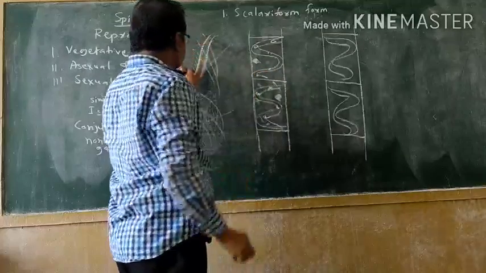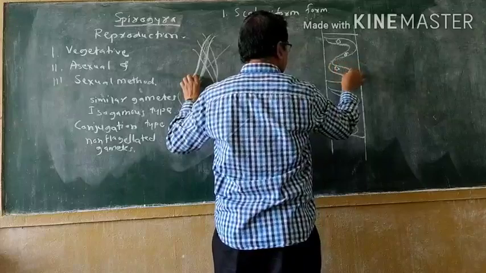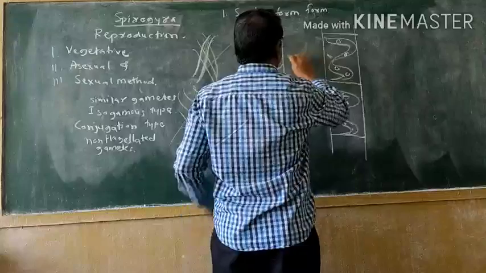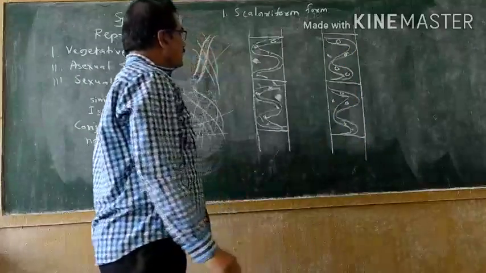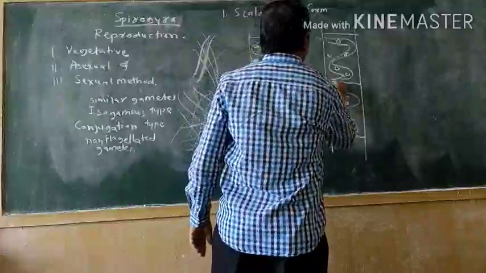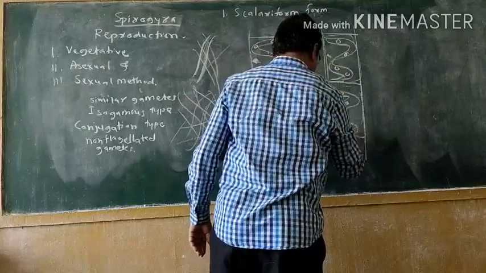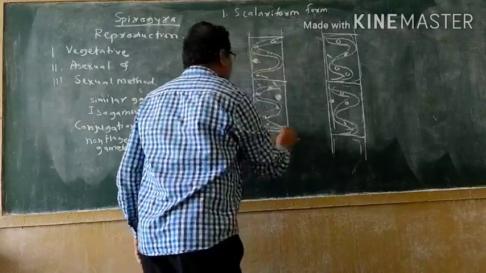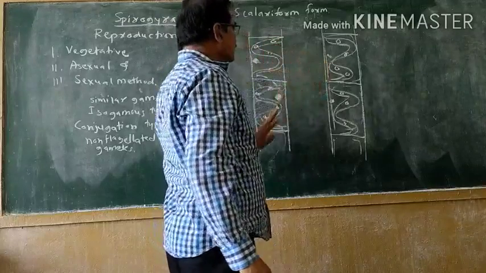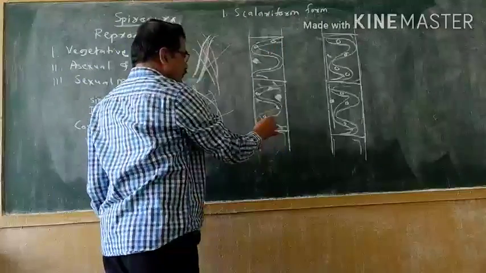I have enlarged the filaments, two filaments together. Already we have seen the cell structure of these filaments. In this reproduction, it is not necessary to describe the detailed structure of the cell. Only two identical or similar morphological filaments come together, parallel to each other.